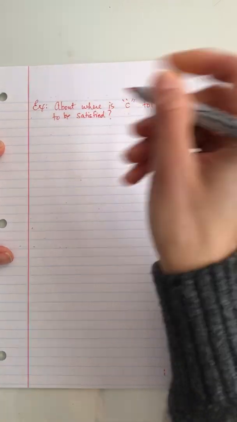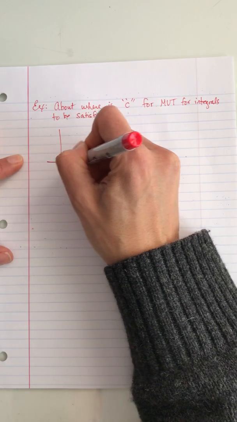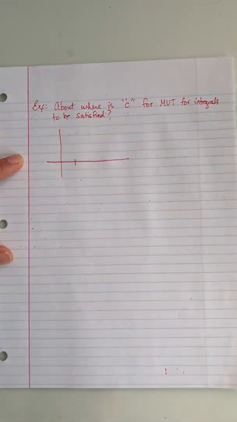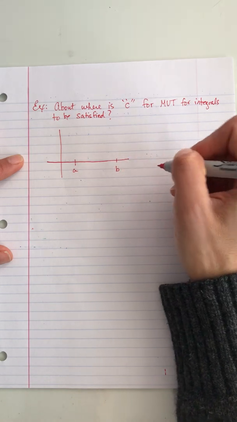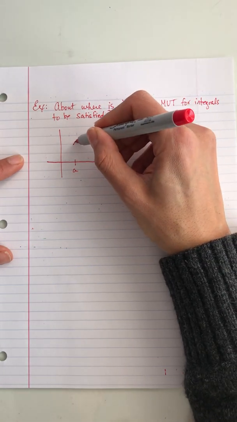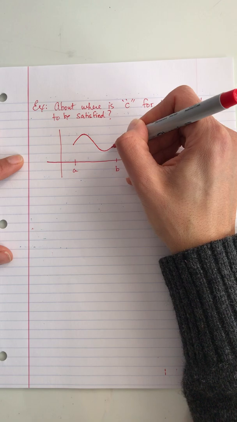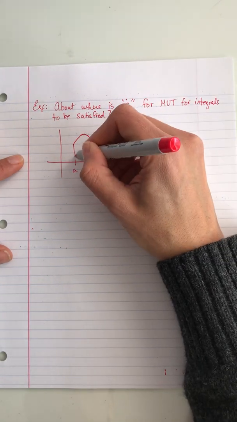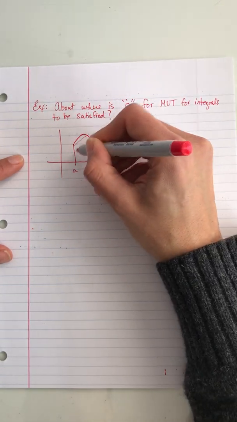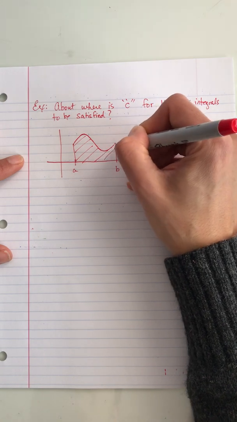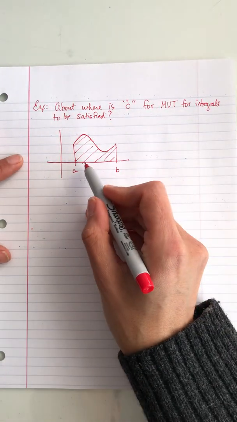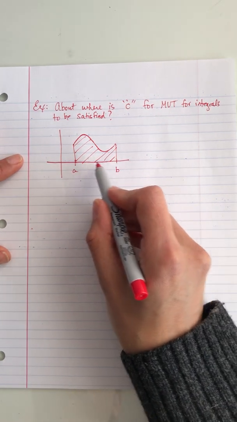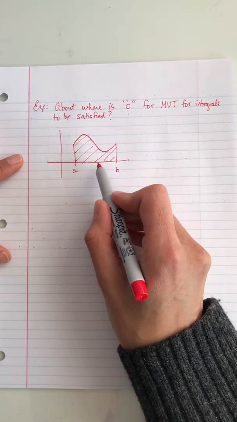Okay, so I'm asking you to guess. Look at a picture like so. Let's say this is A, this is B, and there's some curve like that. Drop the verticals. Okay, and think of the shaded region. Now, this shaded region has some area. Where would you estimate the C value to be?